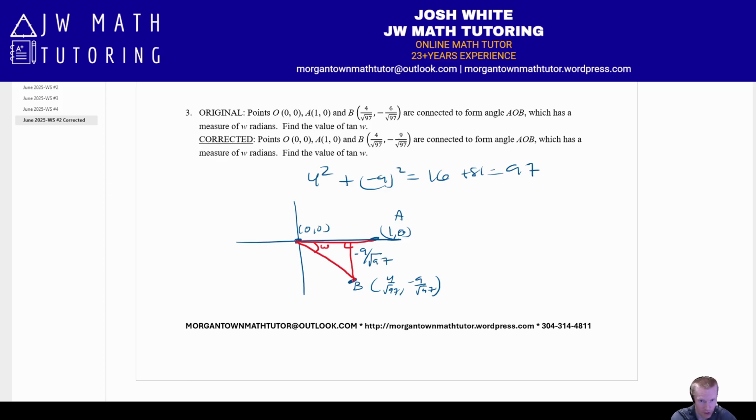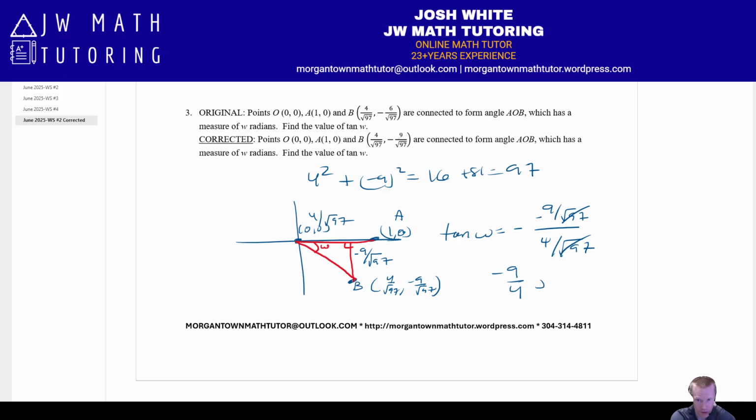The adjacent value, your horizontal distance, your x coordinate, is 4 over positive root 97. So tan W is equal to opposite over adjacent. You could technically plug this into Desmos, but the root 97s will each cancel out with each other, so you get negative 9 over 4.